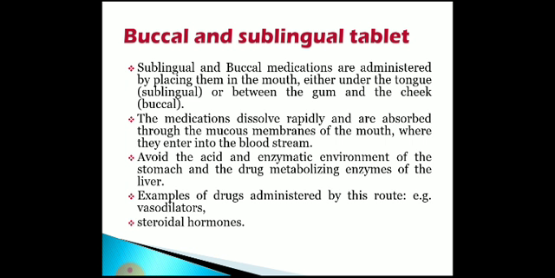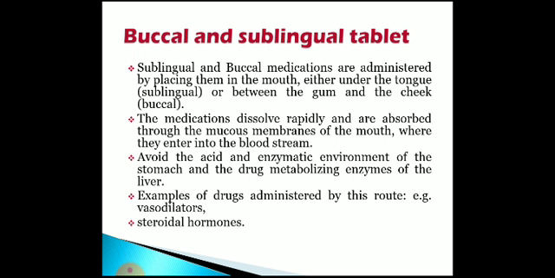Another form of tablet is the buccal and sublingual tablet. These medications are administered by placing them in the mouth, either under the tongue or between the gums. The medication dissolves rapidly, is absorbed through the mucous membrane, and then enters the bloodstream.